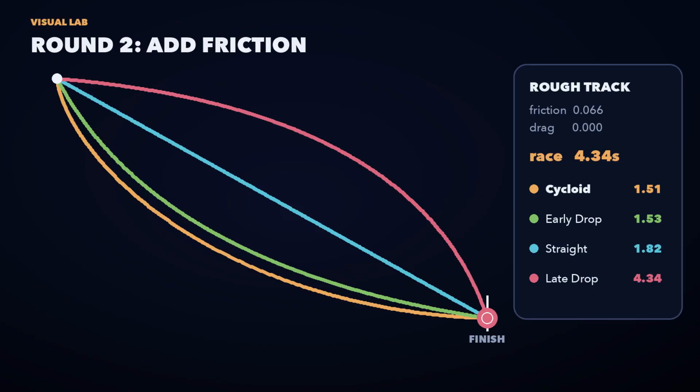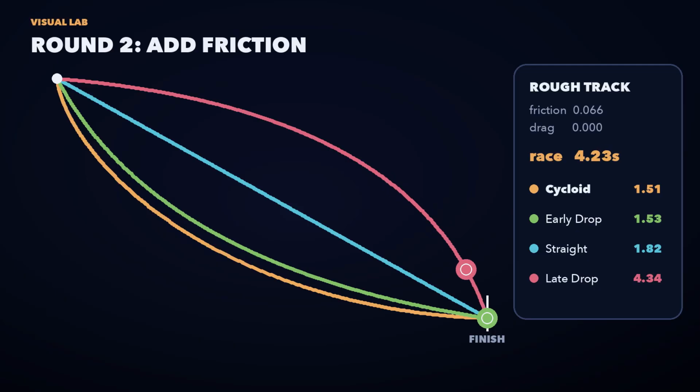Friction slows every contestant, but the cycloid still wins. In this simplified model, roughness alone does not erase the benefit of accelerating early. The late drop curve suffers most because its shallow beginning has little tangential gravity available to overcome resistance.